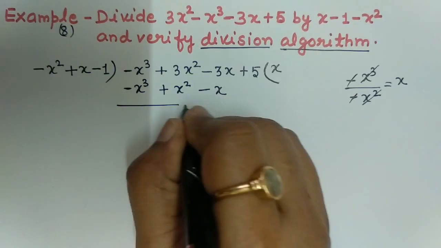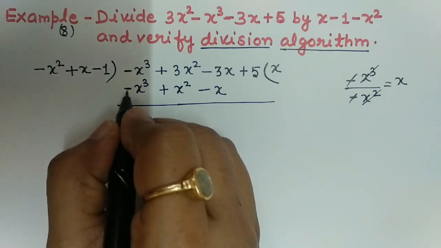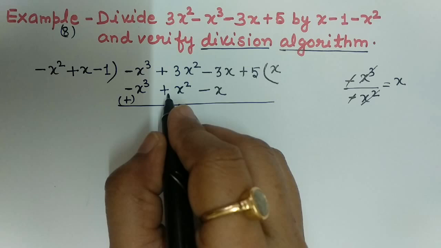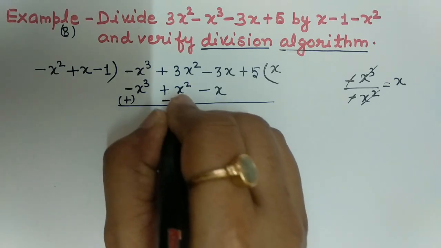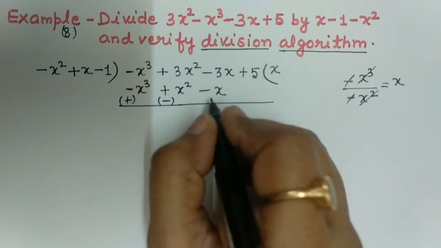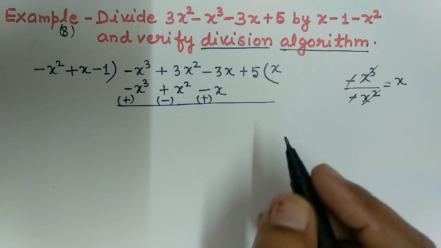Now I will subtract. So the sign will change. This minus sign will become plus sign. This plus sign will become minus sign. This minus sign will become plus sign.